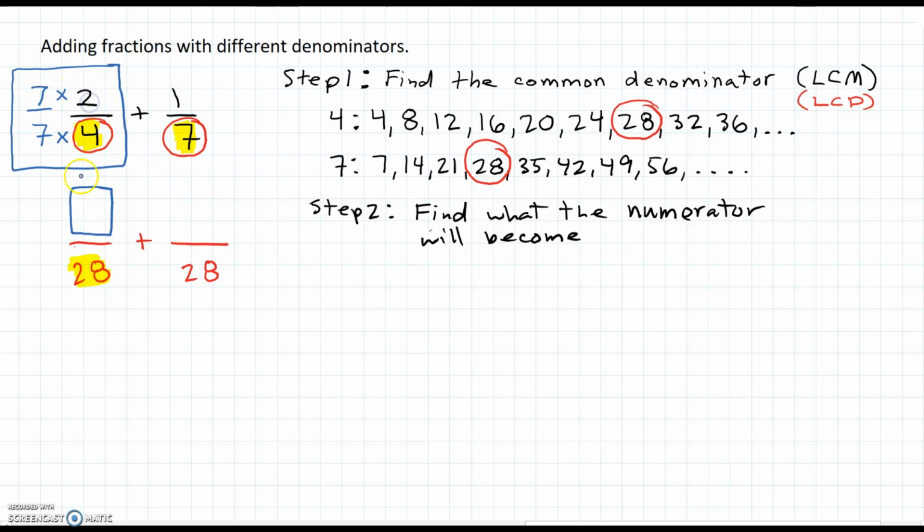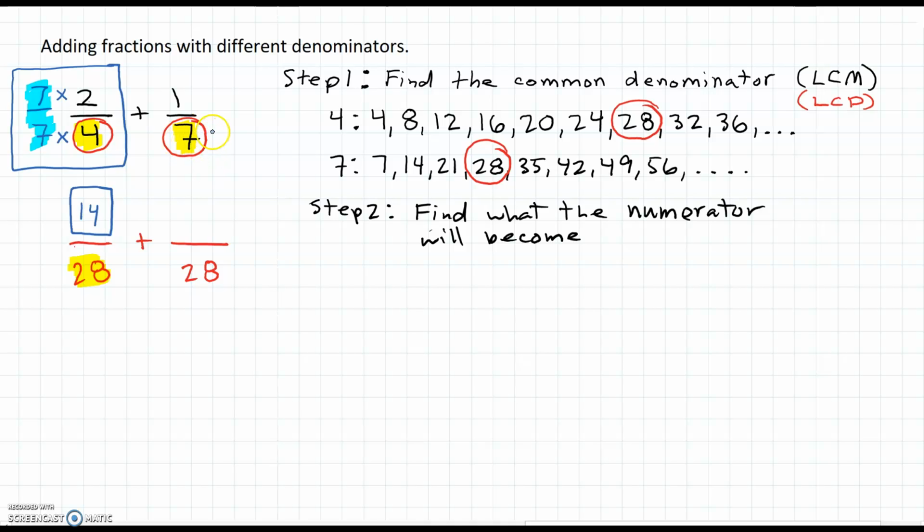So 2 times 7 would be 14. Really, all we've done here, we've just multiplied this 2 over 4 by 1, because 7 divided by 7 is 1. 1 times anything doesn't really change the result of that number. So this is still 14 over 28.